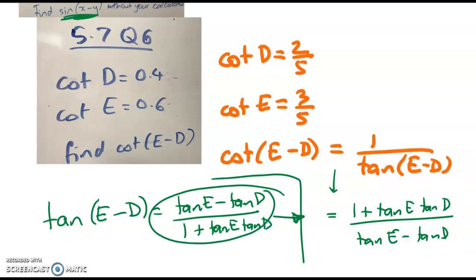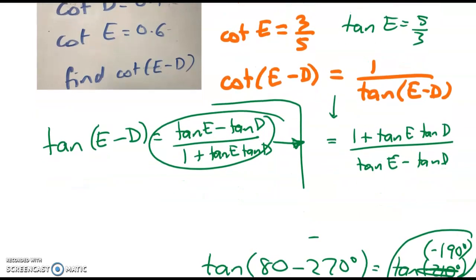So we're taking the reciprocal. And we know cot of D is 2 over 5. So tan D is the reciprocal. It's 5 over 2. And tan E is 5 over 3.